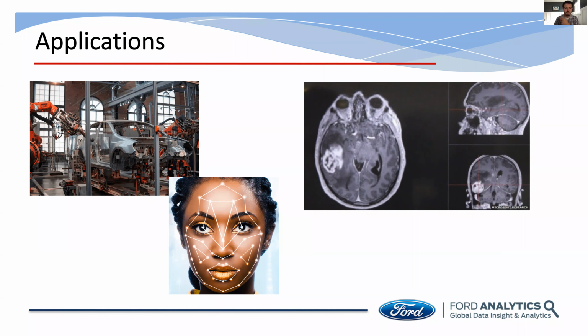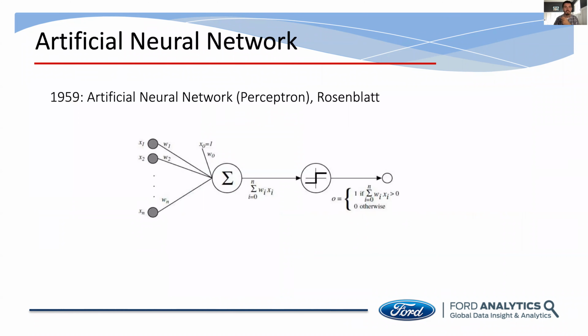So for a little bit of history, really going back to the 50s, people knew enough about computers and maybe just enough about how the human brain worked to be tantalized to try to build a computer that could learn and think like a human.